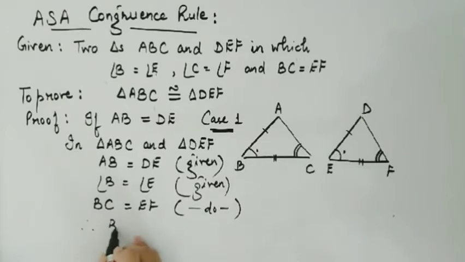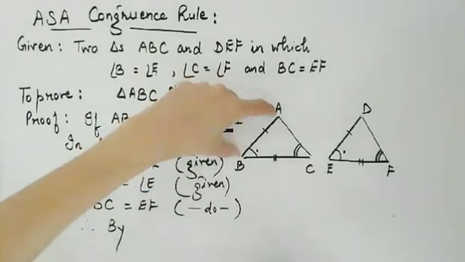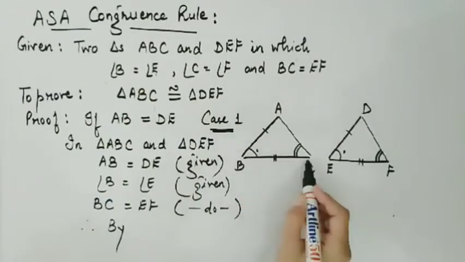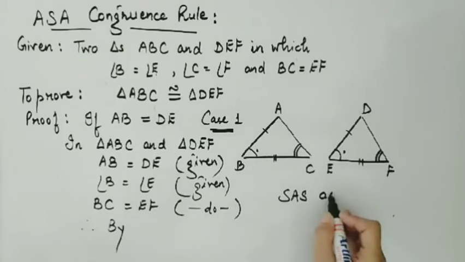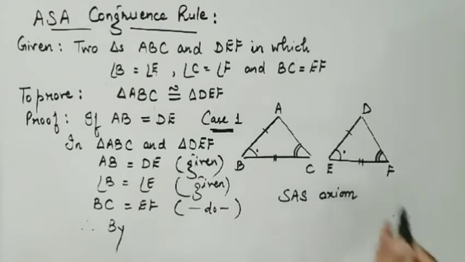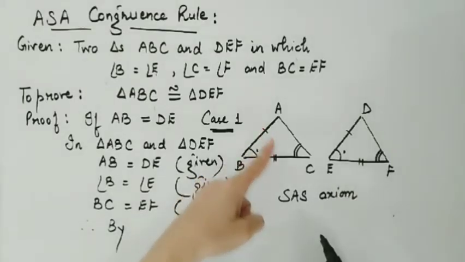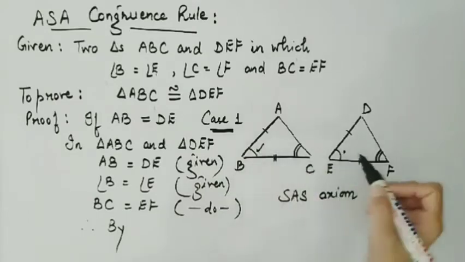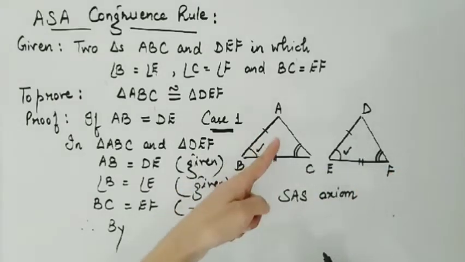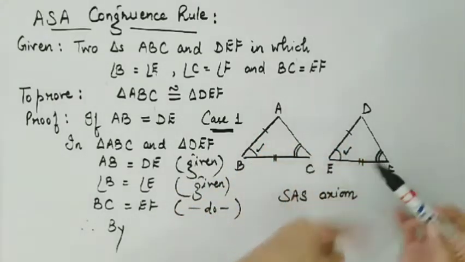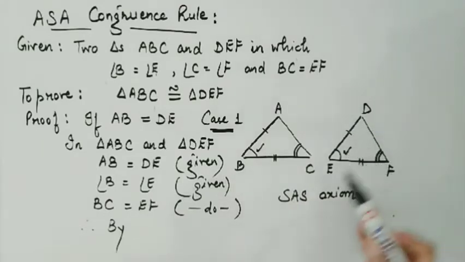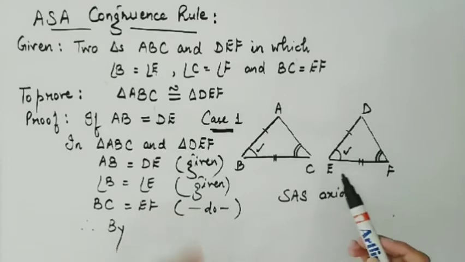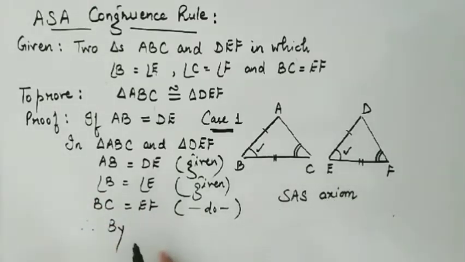Therefore, which rule is it? It's side, angle and side. This is SAS axiom. SAS axiom says that if two sides and the included angle of one triangle are correspondingly equal to two sides and included angle of another triangle, then triangles are congruent by SAS rule.